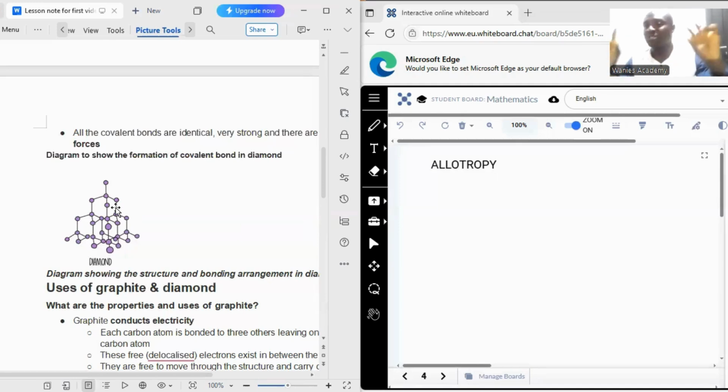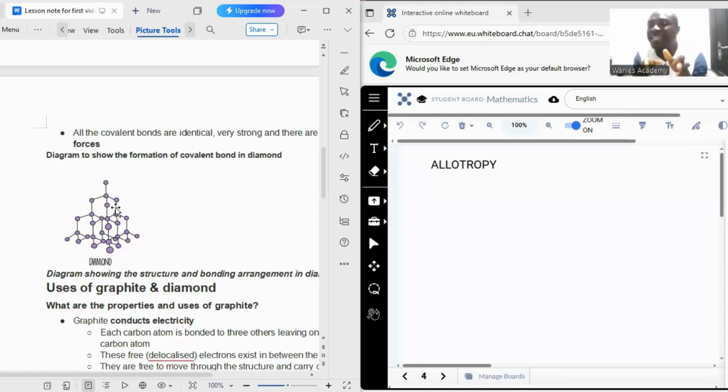So, from the word tetra, each carbon atom is linked to 4 other carbon atoms, and this gives rise to a very strong, rigid, 3-dimensional crystal lattice structure in diamond.